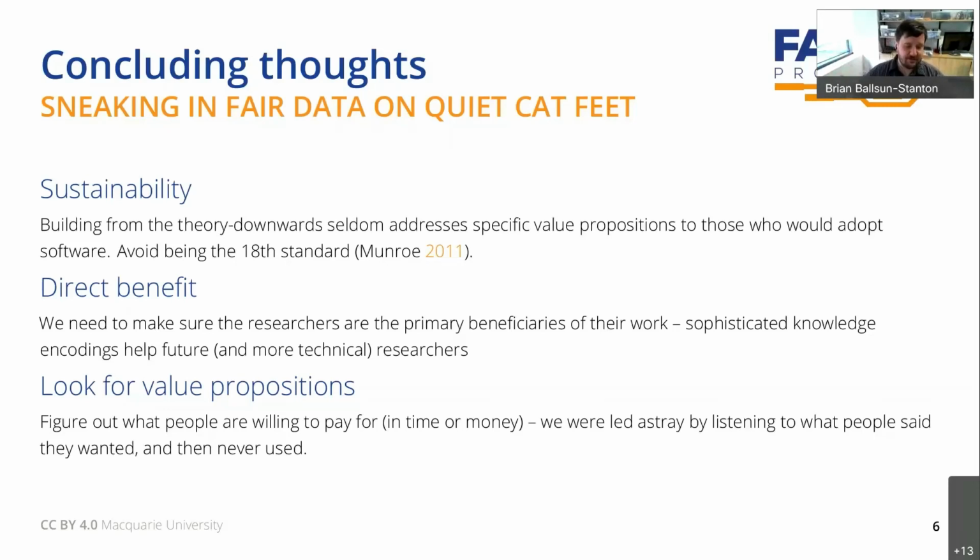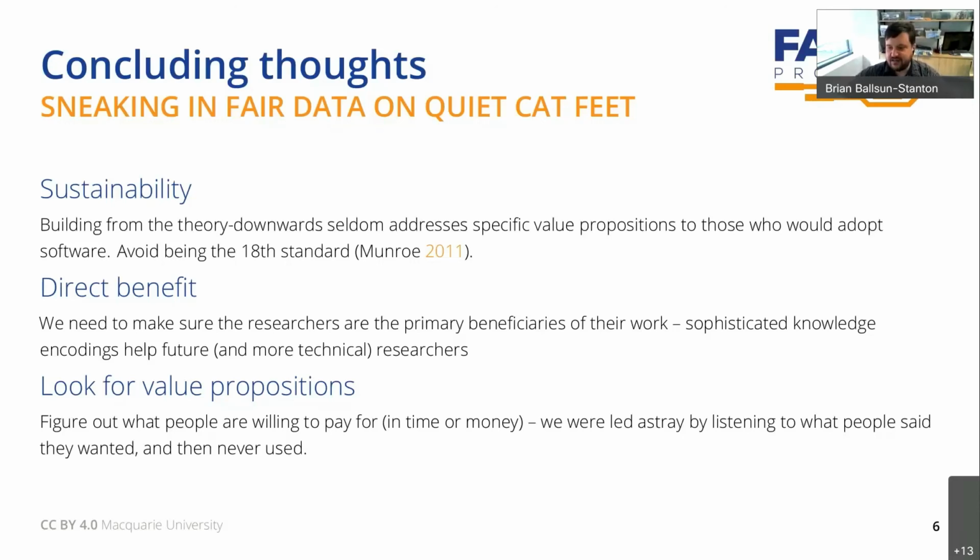And this is not because they're not valuable to researchers, because they can be. It's because researchers don't get credit for it right now. And until we can solve the reward cycle, we have to focus on things of specific and immediate value to the people who are choosing to use us.